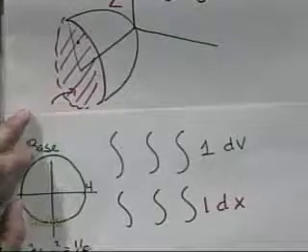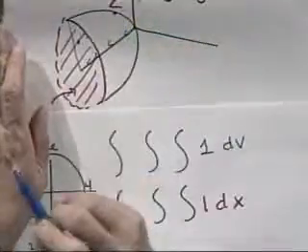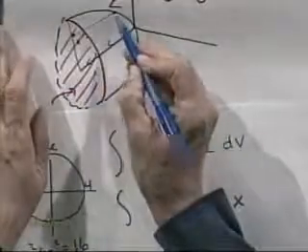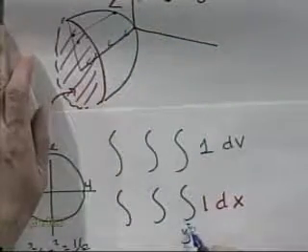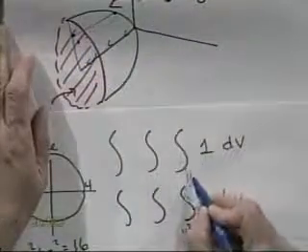What is x ranging from? Now notice increasing x goes this way, so we're starting from a point on the paraboloid till we get to here. Here, x is y squared plus z squared, and then when we get here, x is 16.